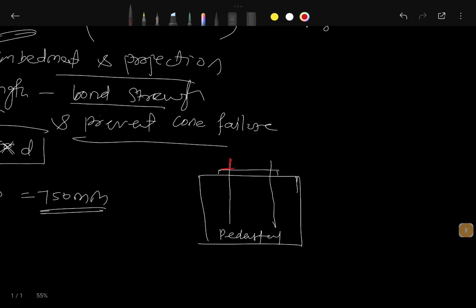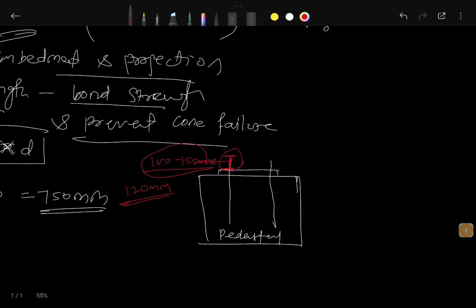From this to this, we consider it should be 100 to 150 mm, to accommodate the nut and washer. We generally provide 120 mm. And this range of 100 to 150 mm is because we provide a washer also, for proper fixity with the base plate.